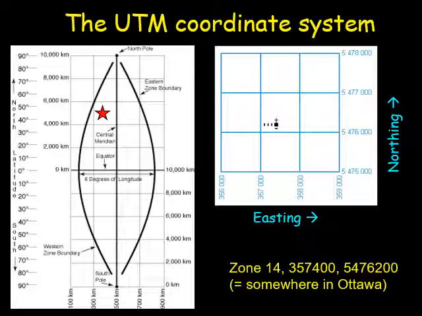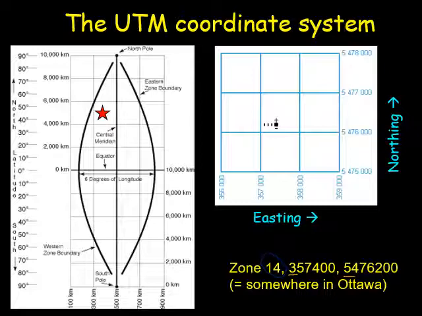So here's an example of how you indicate locations in the UTM coordinate system. You would first say which zone you're in, and then how many meters in terms of easting, and then how many meters in terms of northing.